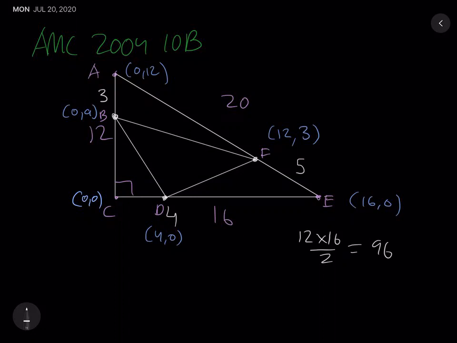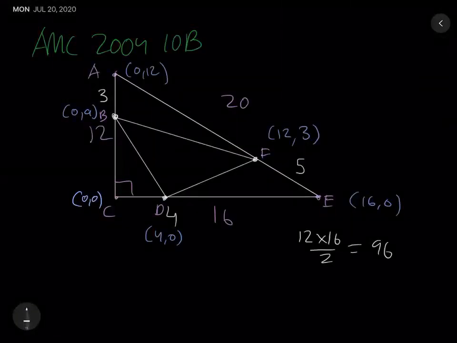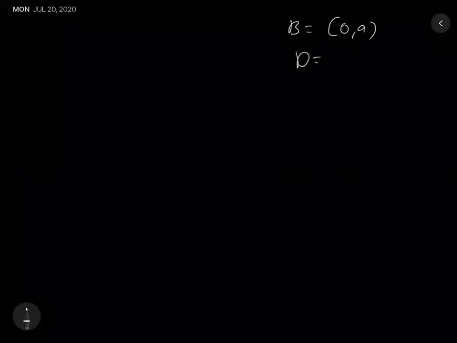Well, we have 3 points of a triangle. And if you don't know what the shoelace theorem is, it's a very, very neat way to find the area of a polygon given just its points. So let's list out the points here. B is equal to 0, 9, D is equal to 4, 0, and F is equal to 12, 3.